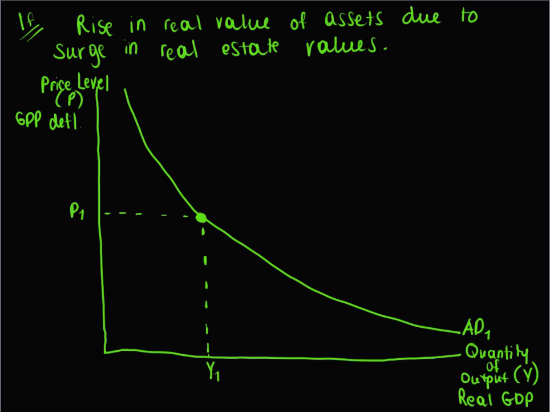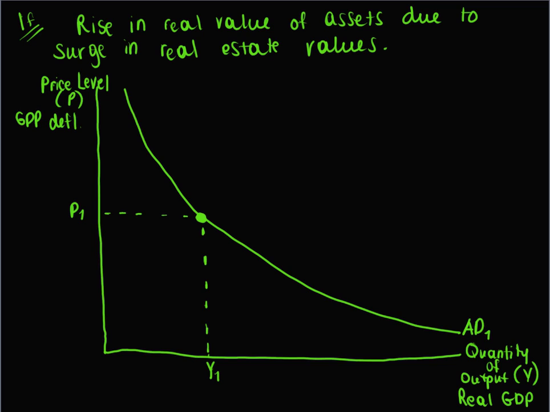So in this case, I am talking about a rise in the real value of assets, but it's not because the general price level in the economy has decreased. Remember, in the last problem, the general price level decreased, which meant that our dollar could buy a lot more stuff. So we showed a movement along the aggregate demand curve because our assets rose in value due to a decrease in the price level.